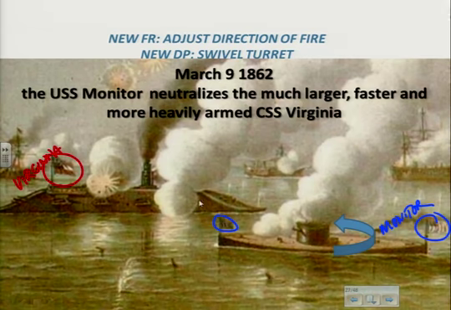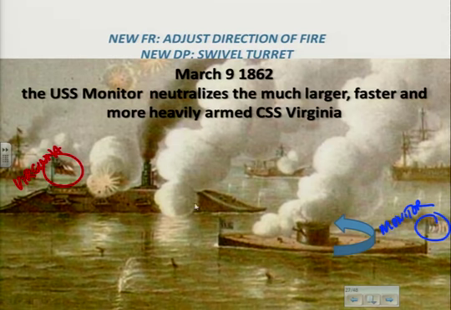But what happened? There was a sort of race to get these built and introduced. The Monitor was being made in New York. Its sea trials were its trip down to Hampton Roads from New York City, but it had the swivel turret.